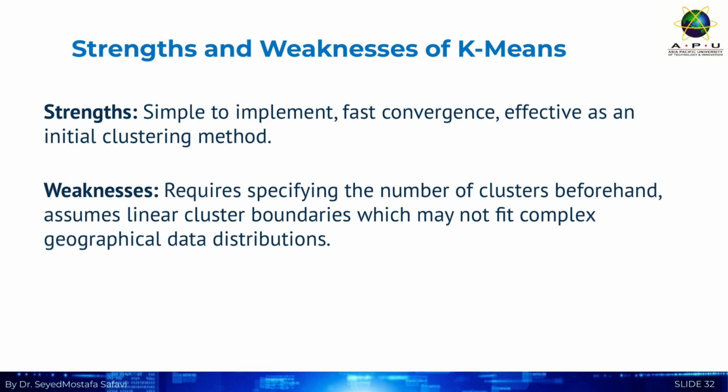K-means has clear strengths. It's simple to implement, converges fast, and is a highly effective initial clustering method. However, it also has notable weaknesses. First, it requires specifying the number of clusters, k, beforehand, which can be a guess. Second, it assumes linear cluster boundaries. Imagine sorting a box of mixed candies by color.